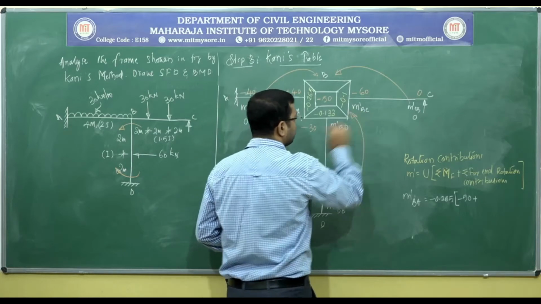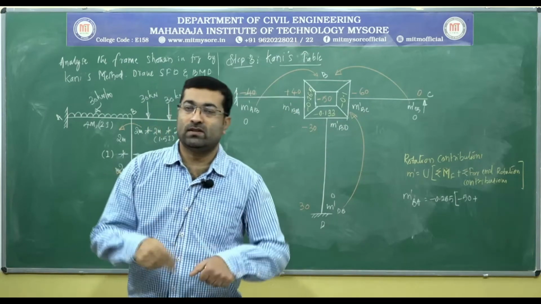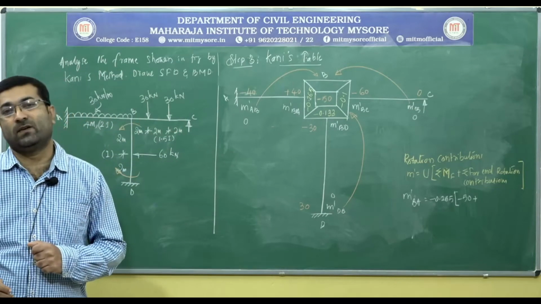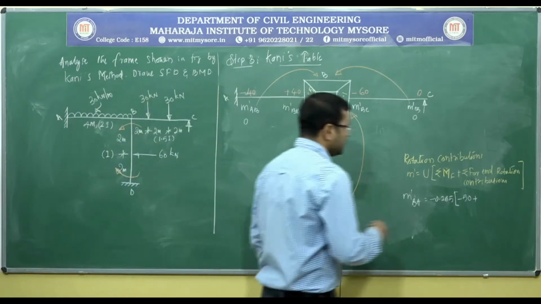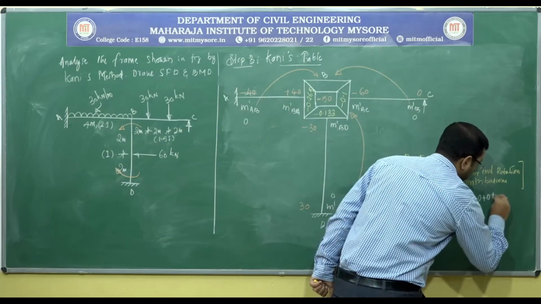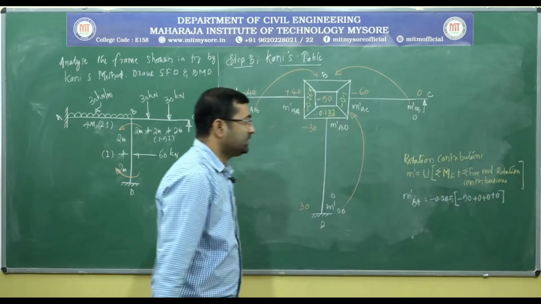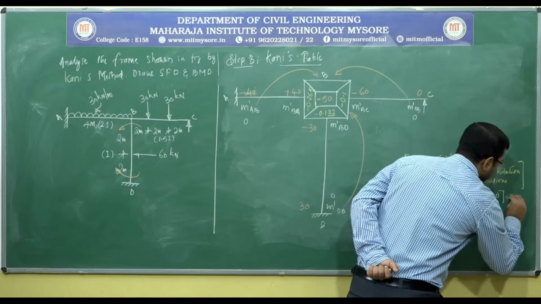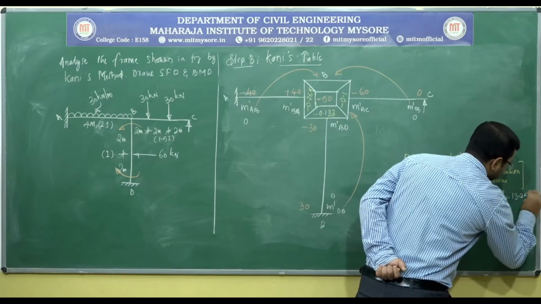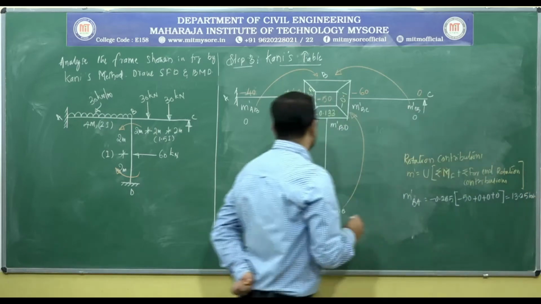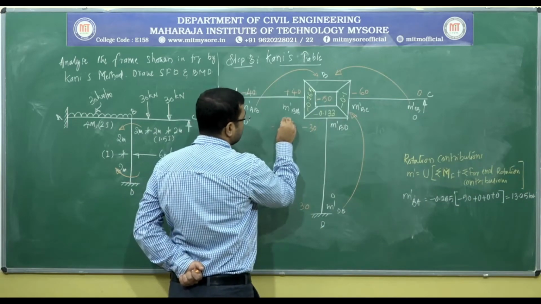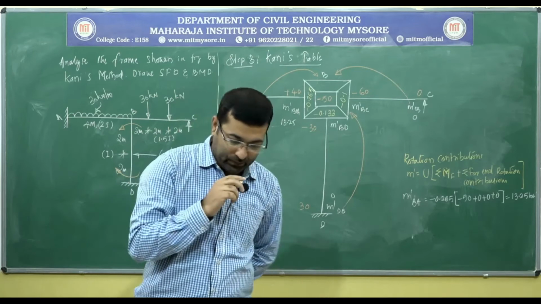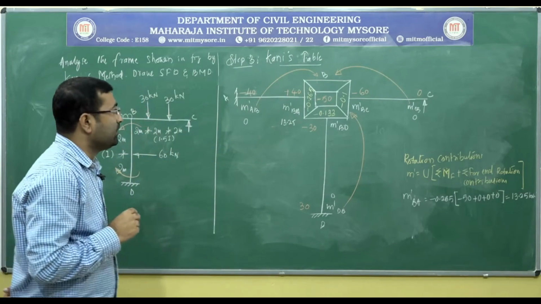These need to be considered in the calculation. Unfortunately here all the 3 are 0, so it is 0 plus 0 plus 0. That gives a value of plus 13.25 kilonewton meter, which I am going to write here. So this value is 13.25 kilonewton meter.